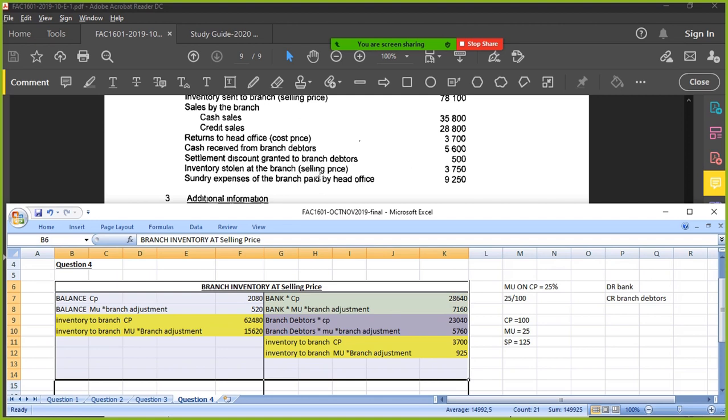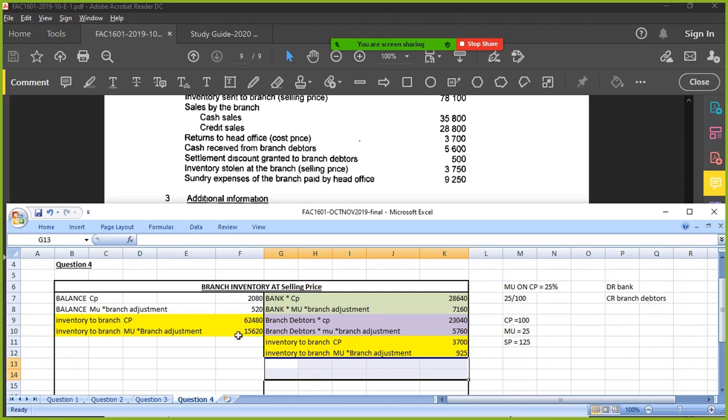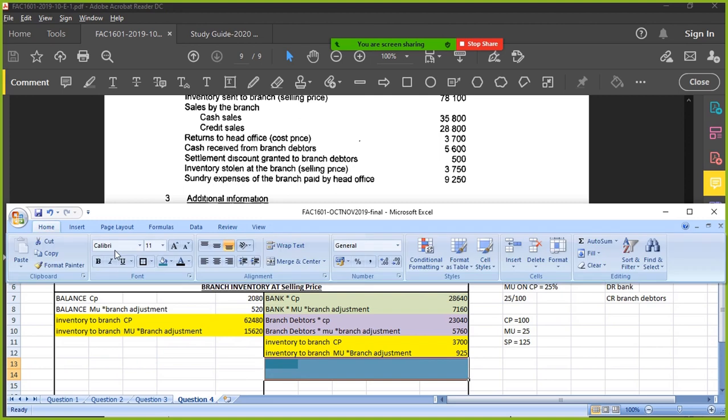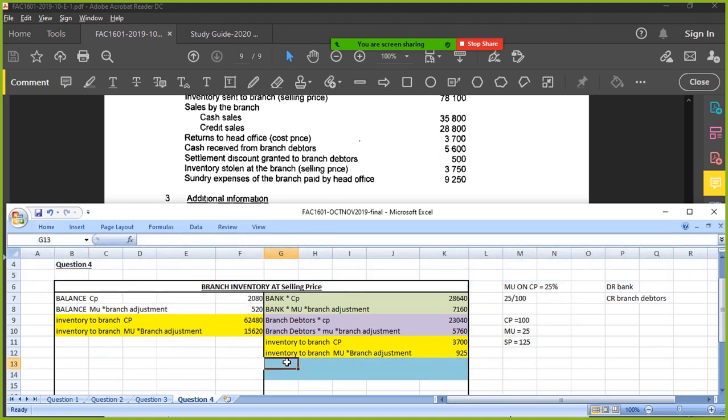Right, so let's see. Here you've got an inventory line item that was stolen. Obviously if they've stolen inventory from the branch, it's going to negatively affect the branch. Does that make sense? Yes. So this is going to record the branch expense for the theft, cost price theft, and then obviously branch adjustment, markup for the theft.